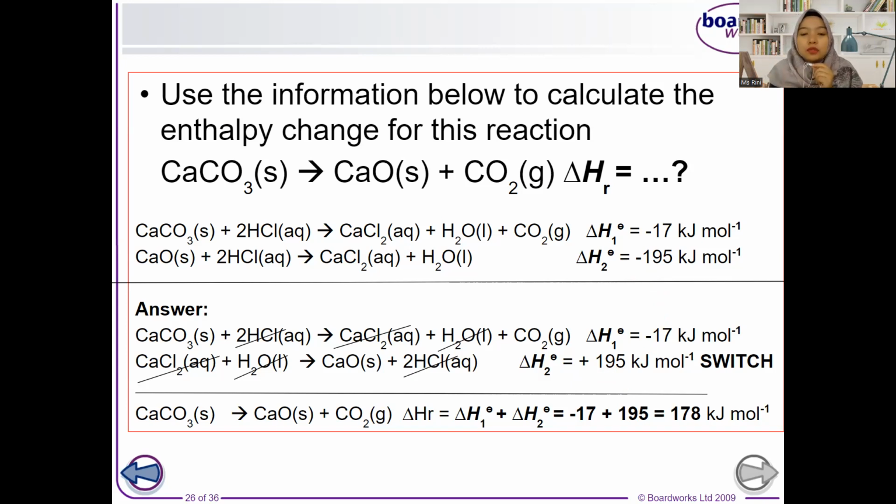And then if you multiply the reaction, by 2, by 3, depending on the coefficient, the delta H will be multiplied also. Or if you divide the reaction, the delta H value will be divided also. So every action that you give to the reaction will affect the delta H value.